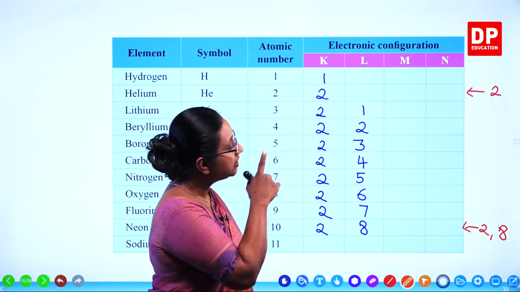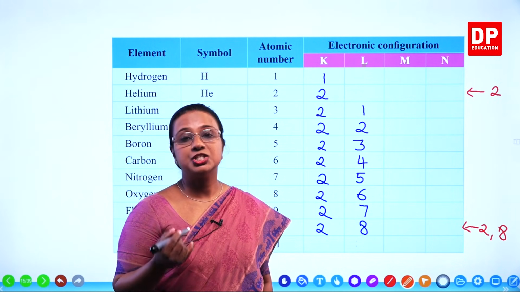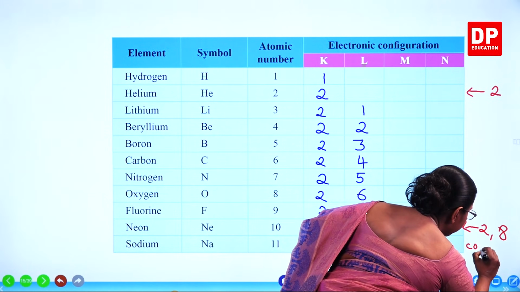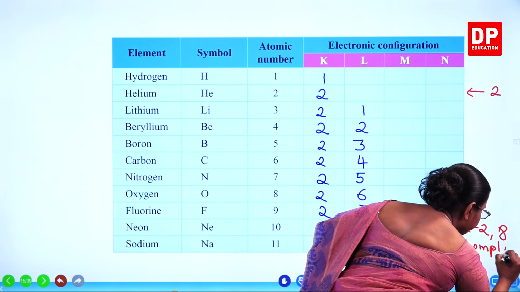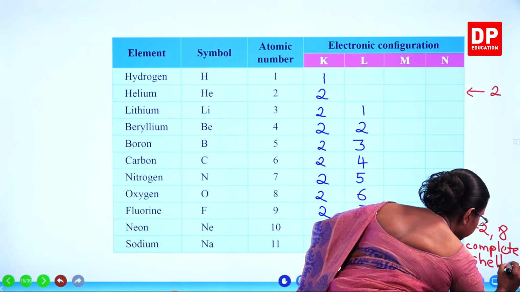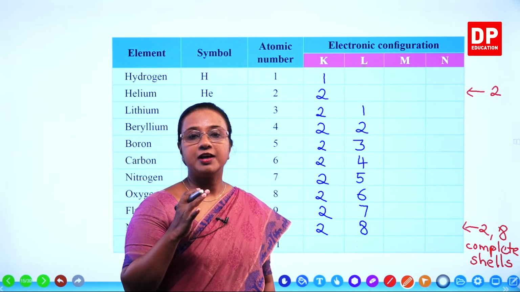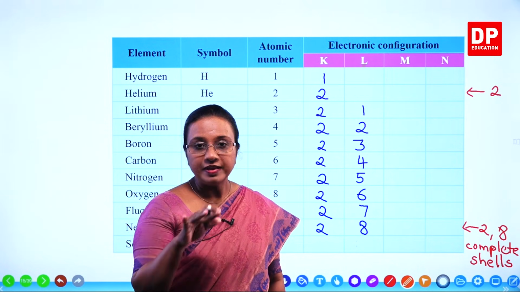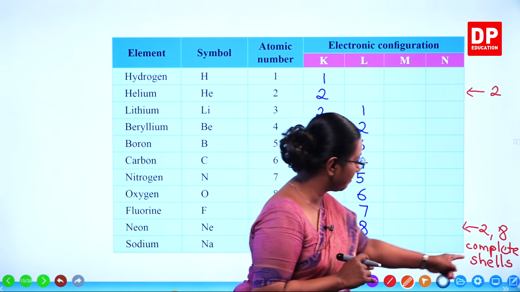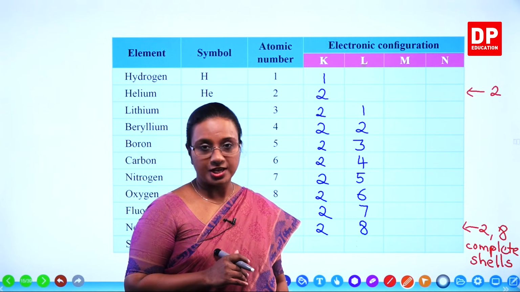So here, these 2 elements have complete shells. There are certain elements which have electrons filled in all the energy levels, so we call them atoms having complete shells.